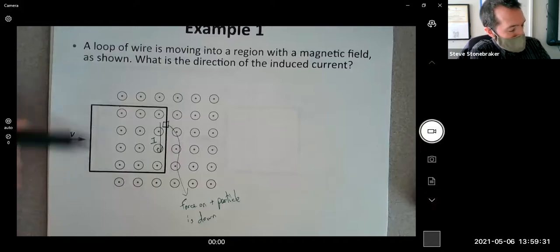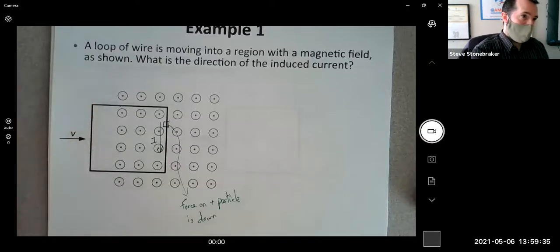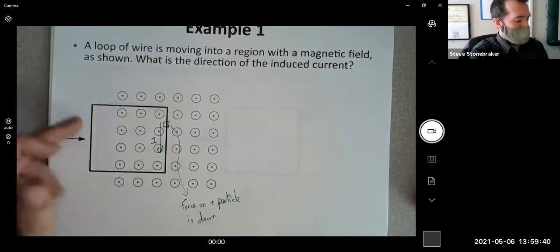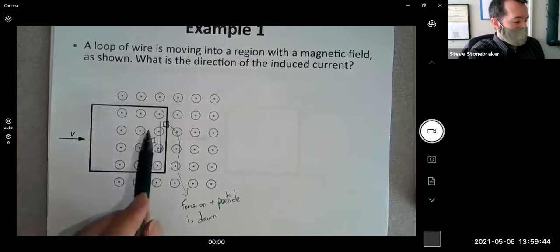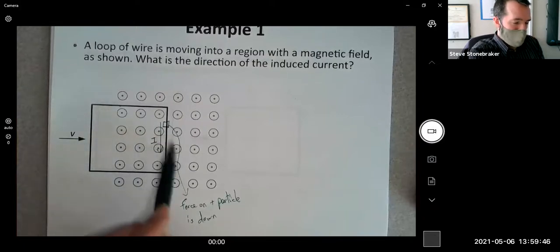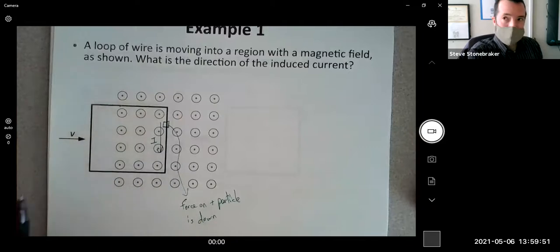And the particles over here, if there was magnetic field here, they would be pushed down, but there's not any field over here. So overall, if you think about all of the charged particles, this is the only part that really matters. And so the force exerted on these particles can cause the current to go the whole way around the loop.